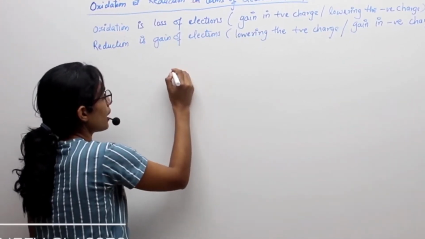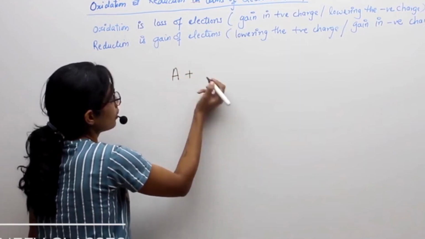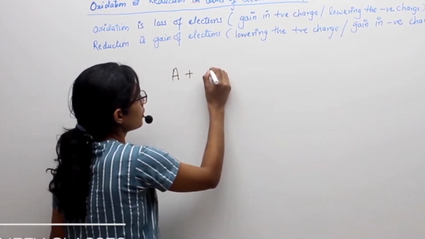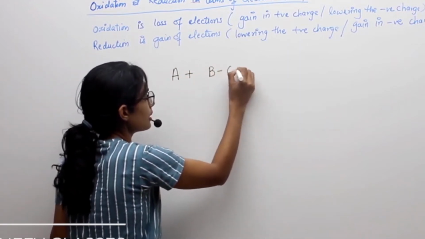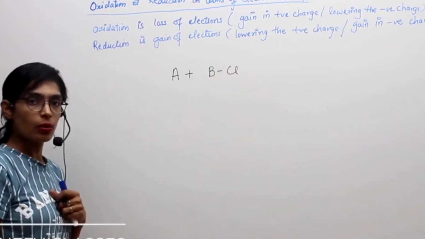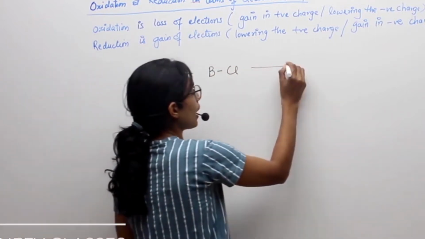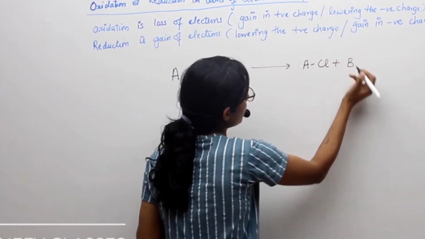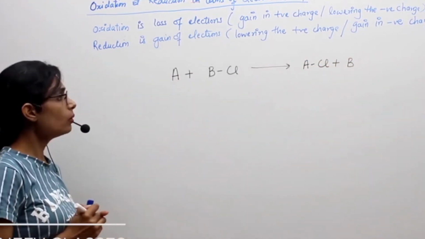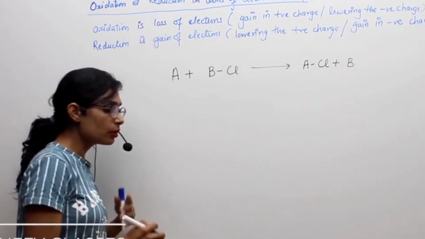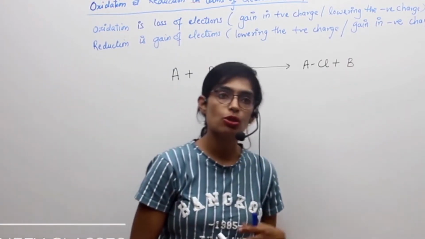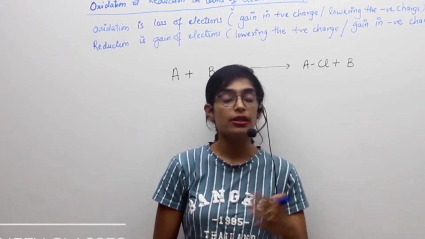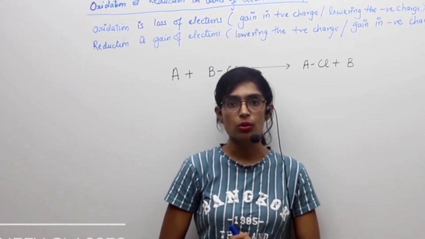Let's say I have taken a reaction A plus BCl. And after the reaction, the compound has ACl plus B. Now, all of you, I hope, have heard about valencies of the elements, and you should know it by now because I had shared a list also, and you have learned this in grade 9th also.